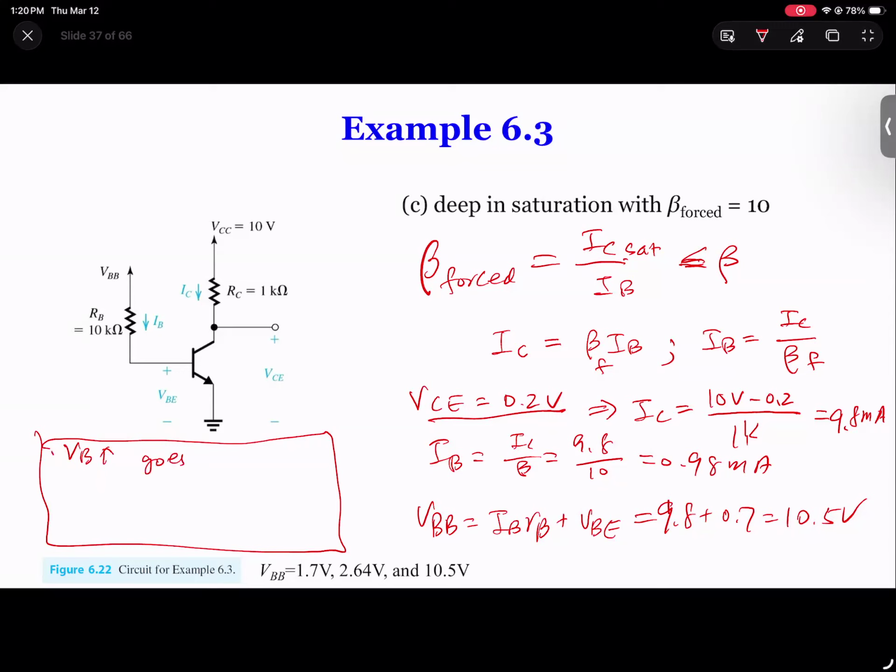So that's the first one: we want VBB to increase, and it goes from active to saturation mode. So I want to ask you, what is the second method? If I keep VBB untouched, which one are you able to change to still move from active to saturation?